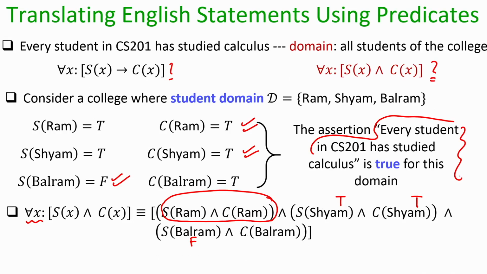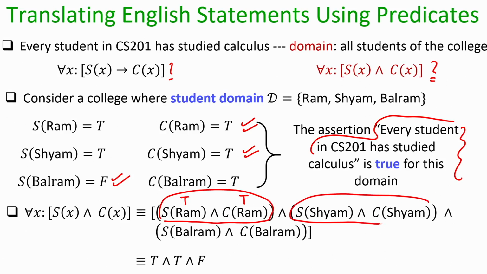Whereas, consider the second expression, namely for all x, S of x conjunction C of x. So, if I substitute the different values of x, I get a conjunction of 3 propositions here, and each individual proposition is a conjunction of 2 propositions, namely S and C. Now, if we check the truth values that we have assigned for the proposition S and proposition C for Ram, Shyam and Balram, it turns out that the first compound proposition here is true, because both S of Ram and C of Ram are true.